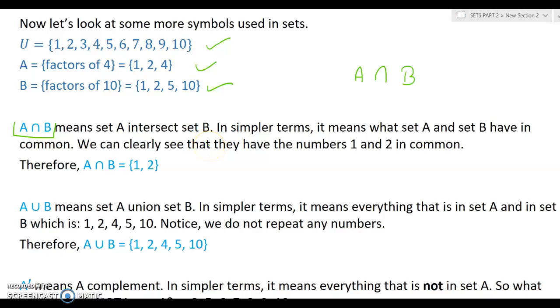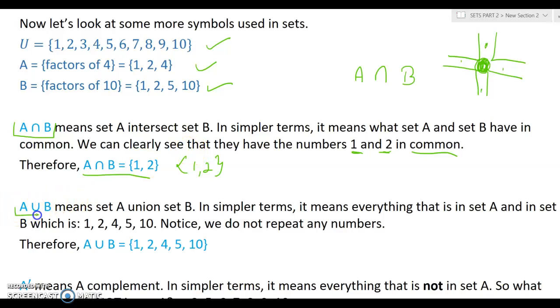Another visual I could use is a four-road intersection. All four roads meet at a common point. So intersection means what these sets have in common. Set A and set B clearly have the numbers 1 and 2 in common. So A intersect B is the set {1, 2}, and you write it like that with the curly brackets.